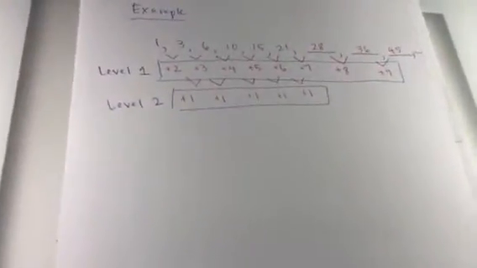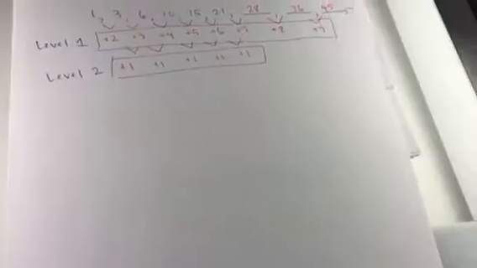But the reason I call it level 1 and level 2 is because this kind of sequence is called a second common difference. It takes 2 levels of noticing this pattern till you get the same numbers, and that's because level 2, second common difference.